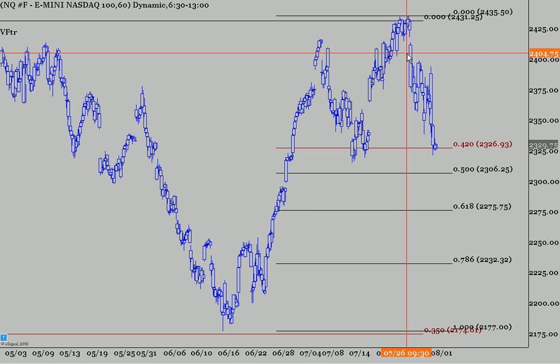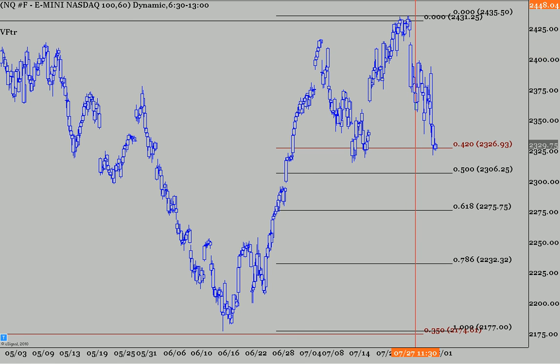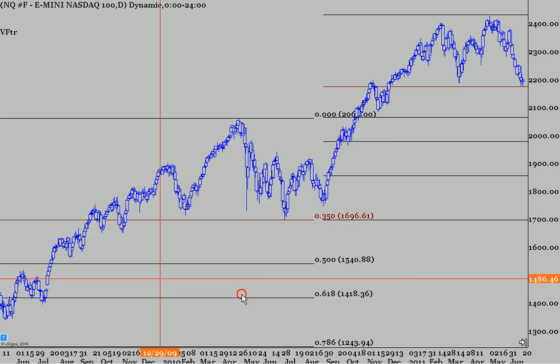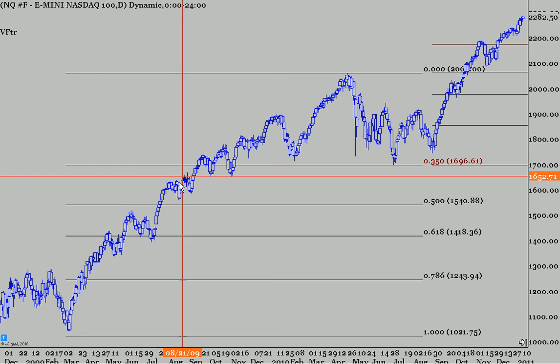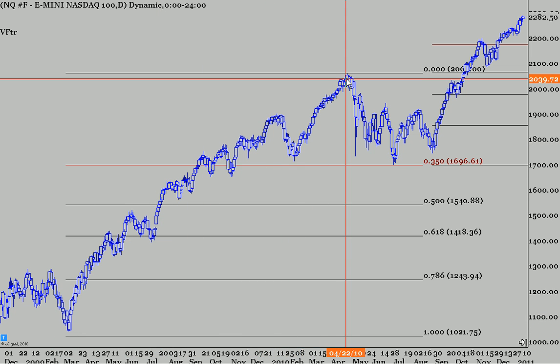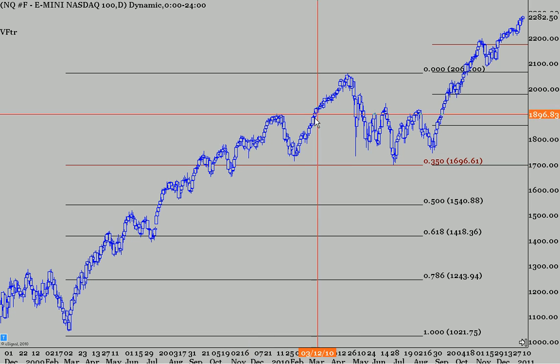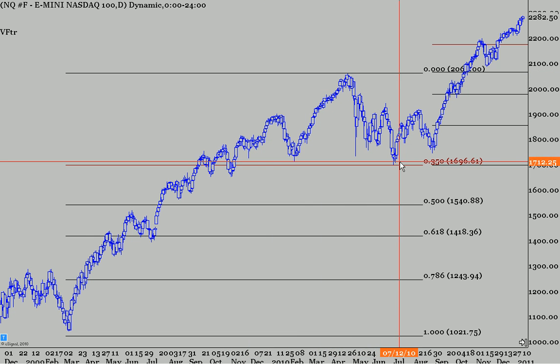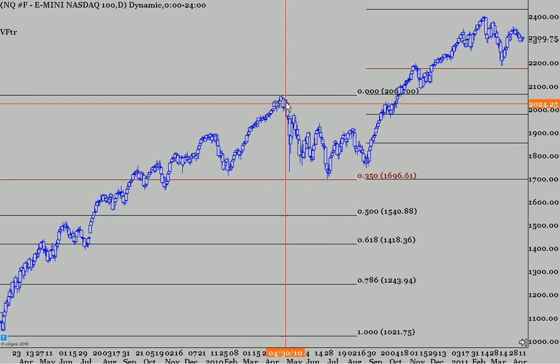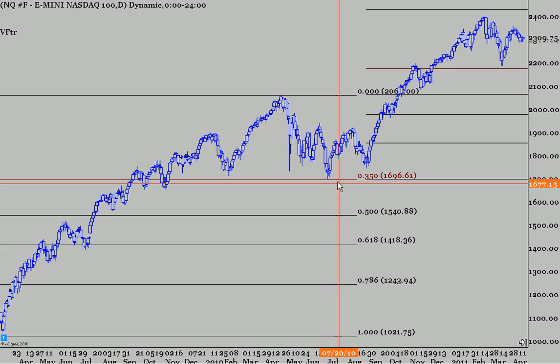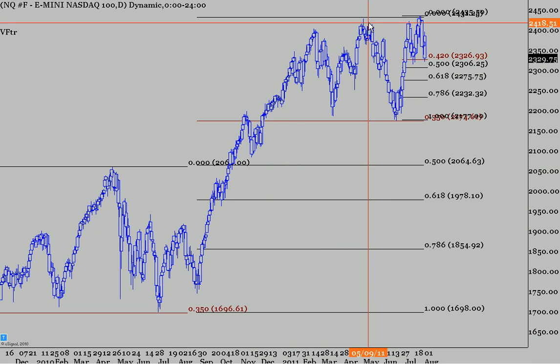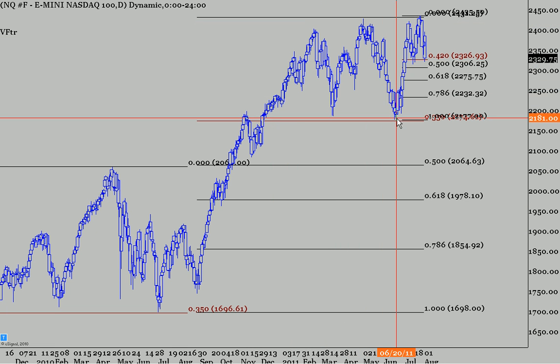Now, when we're looking at a daily chart, because we're going back so far, and there are waves within this wave, this is actually a weekly leg. This is weekly support, because there's a wave within to come down to here. Same thing here. There's a wave within to come down to here.